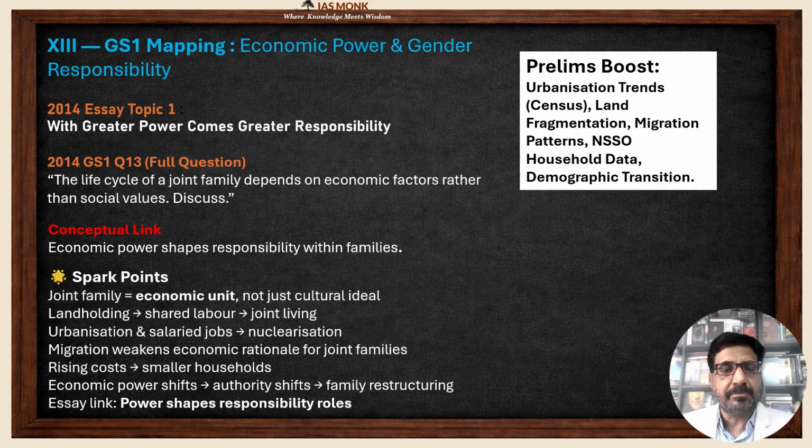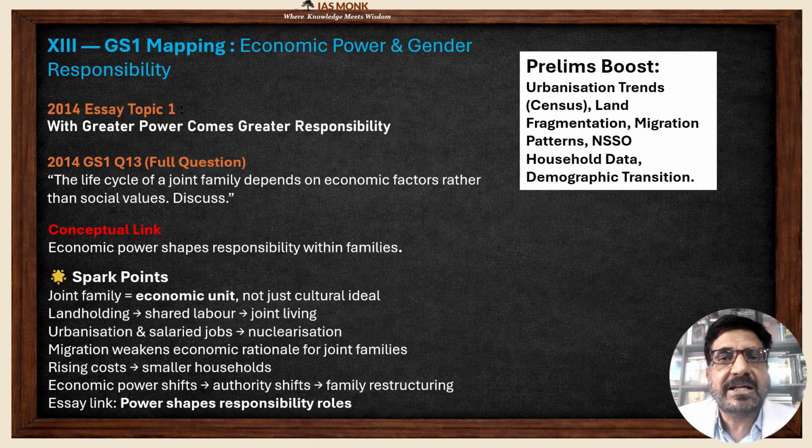This again is question number 13 from GS paper 1, Mains 2014. What is the question? The life cycle of a joint family depends on economic factors rather than social values. Discuss. So the life cycle of a joint family in India is shaped far more by economic forces than by cultural ideals.